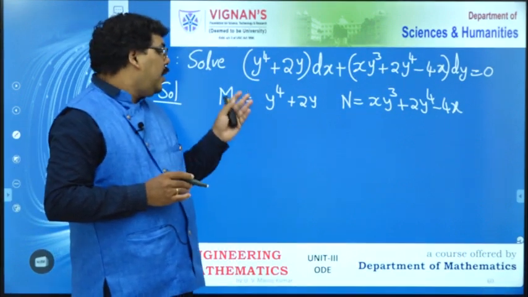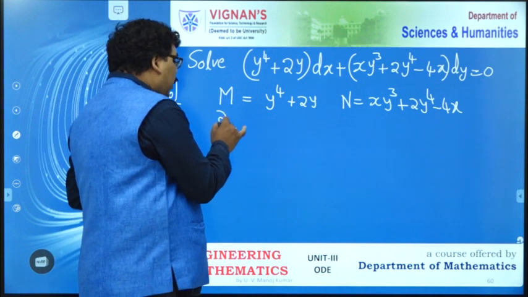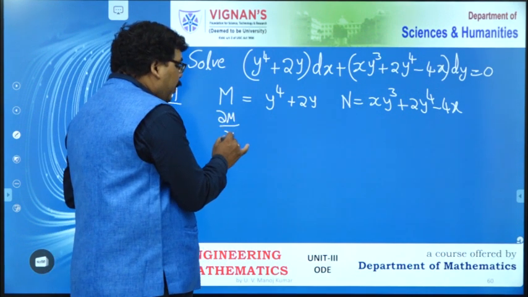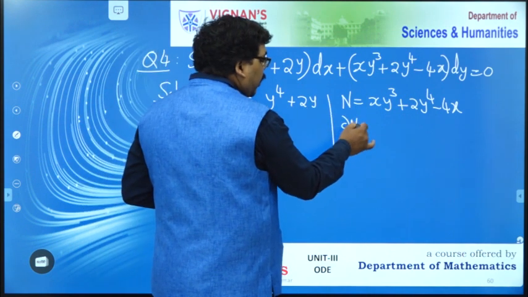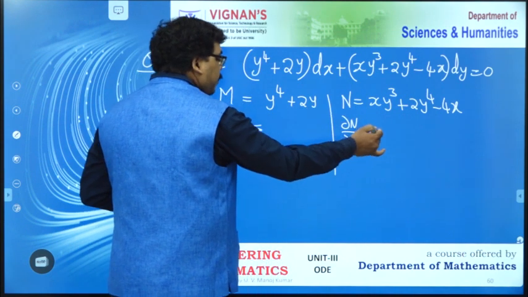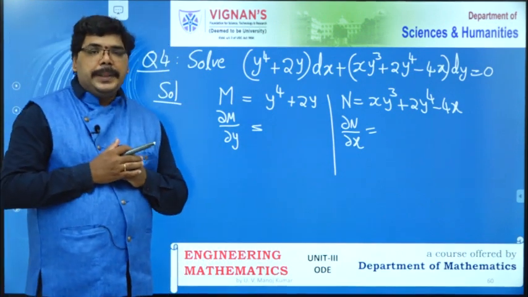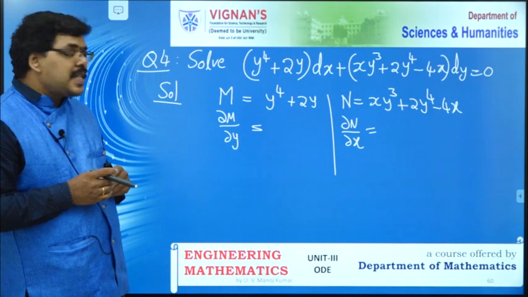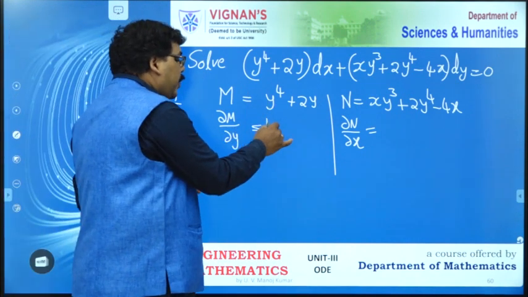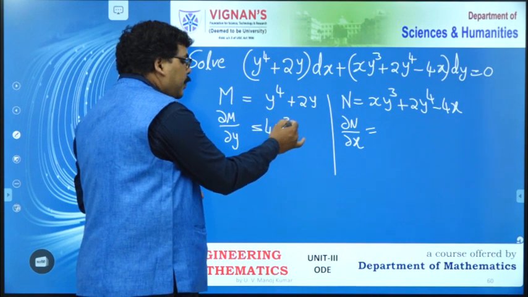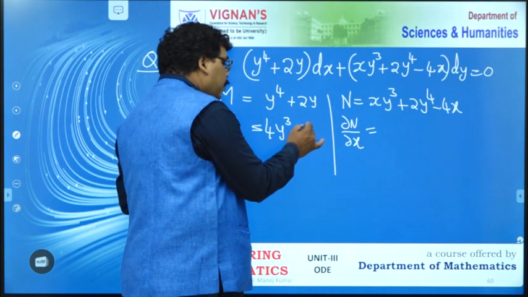Okay. After knowing M and N, find the derivatives. What we want to find? Dou M by dou y, and also dou N by dou x. Differentiate M with respect to y. Y power 4 derivative is 4y cube. 2y derivative is 2.